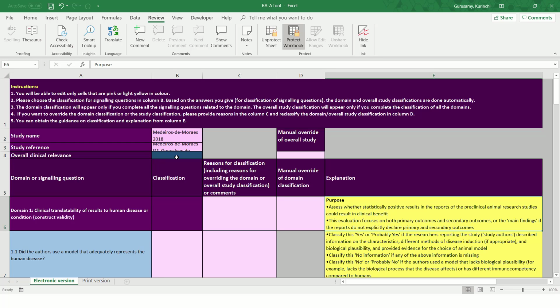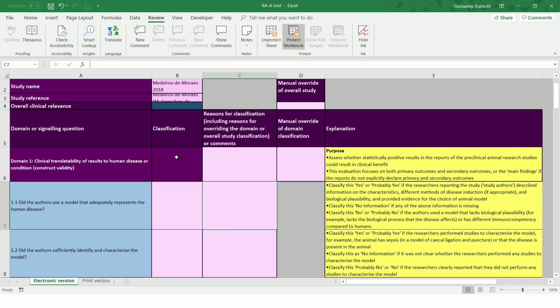It's just a quick demonstration of how to extract information from the papers, how to use this file. I will leave this empty because I have not decided to manually override. If I had to manually override, I would have to complete that as to why I manually overrode the questions.